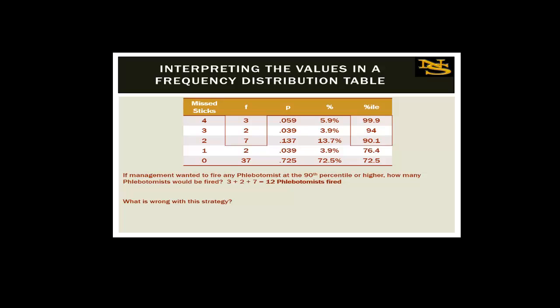Let's say that one of these people who had 0 missed sticks on a blood draw saw 5 patients this week, and one of these people who had 4 missed sticks saw 50 patients. Well, guess what? You're probably going to have more missed sticks on a blood draw if you're seeing more patients in the first place. So just want to point out that you need to be a critical consumer of research. Always think about what the implications of your data collection strategy are before you start to make decisions based on that data.